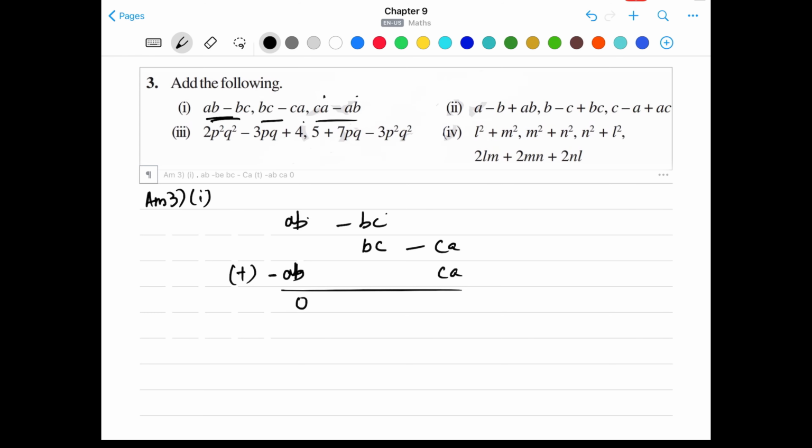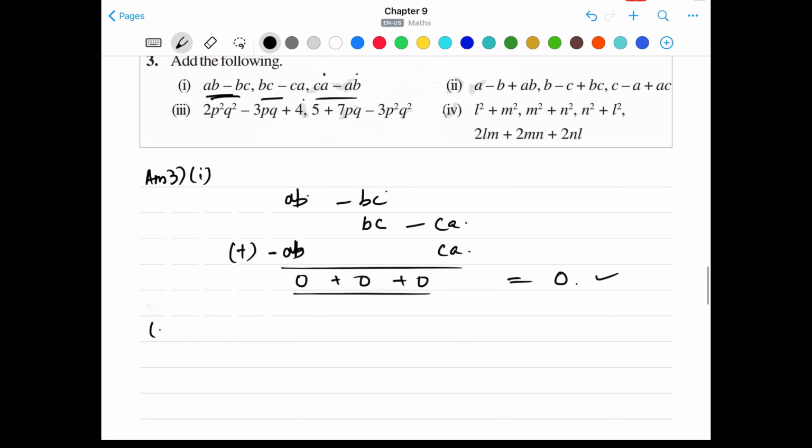Then we have minus BC and plus BC, which also results in 0. And minus CA and plus CA will result in 0. So the answer for this one is 0. When you add all three expressions, the result is 0.